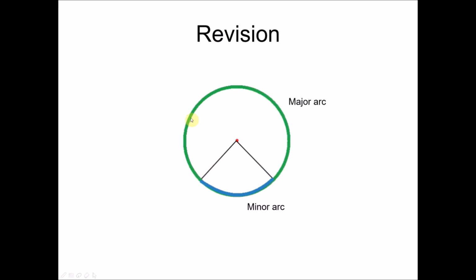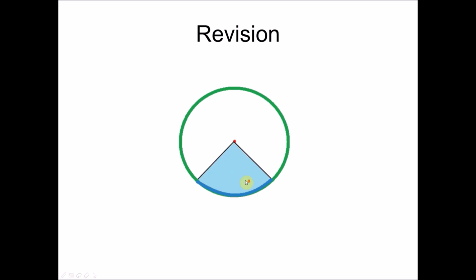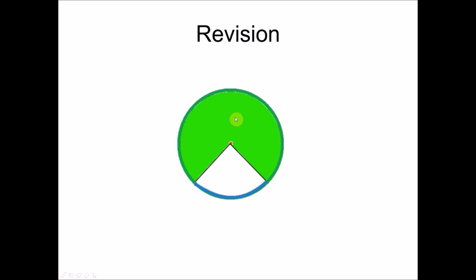This green line here is what we call a major arc. And then the area surrounded by these two radius and the minor arc, which is painted blue here, we call this minor sector. So I think you can guess that this area, the green colored sector, we call this the major sector. So this is a very quick revision on the terminologies that you have learned.